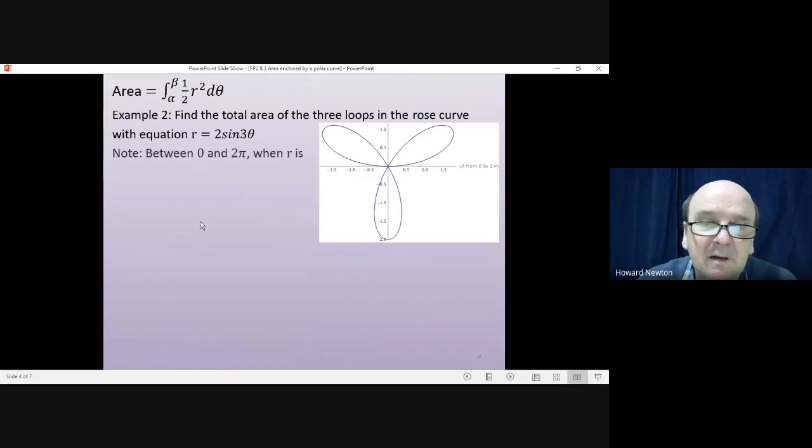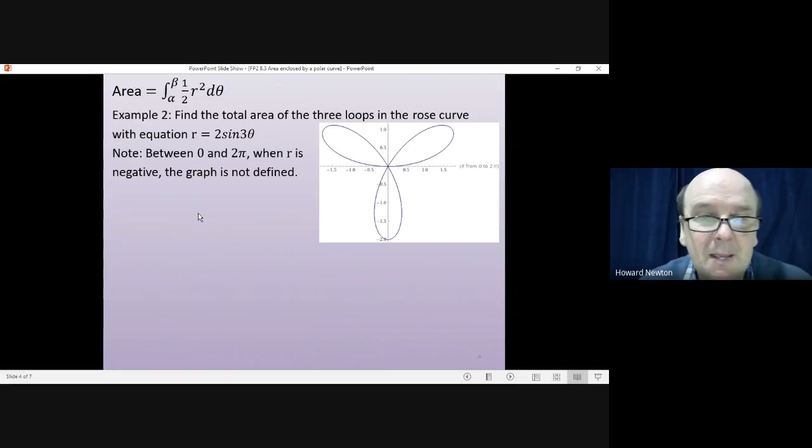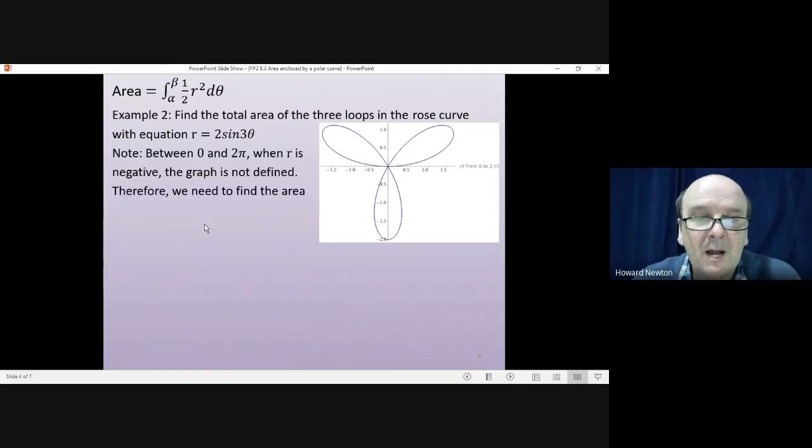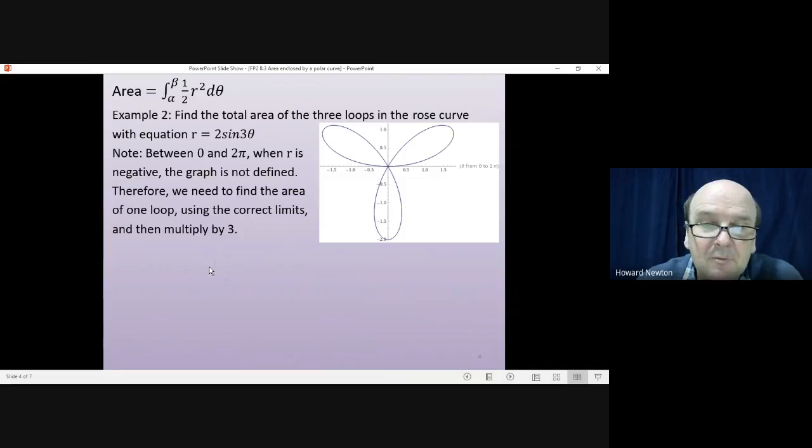Okay, let's have a look. As we said, between 0 and 2 pi, when r is negative, the graph is not defined. Therefore, we need to find the area of one loop using the correct limits and then multiply by 3.